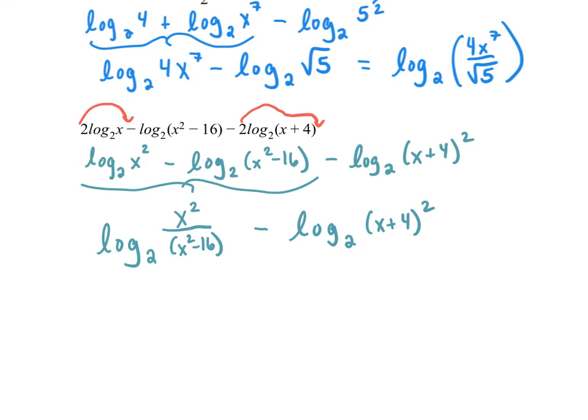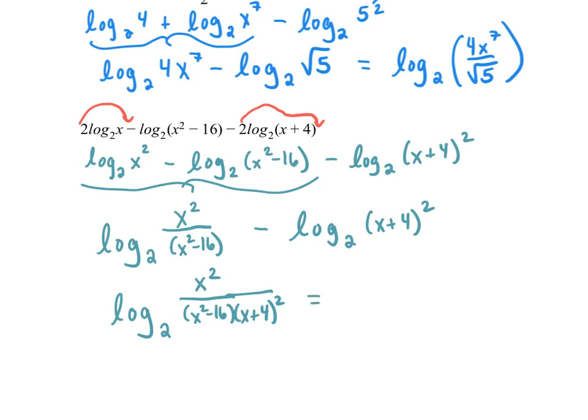Now we have subtraction again, so we're subtracting a fraction. We're dividing a fraction by a single denominator. Now the key thing is, if you're subtracting, you can just put whatever is in the bottom of your expression and it'll work out. And if it's added, you just multiply it to the top. So I can write this as simply x squared over x squared minus 16, and then I'll just put the x plus 4 squared right next to it on the bottom.